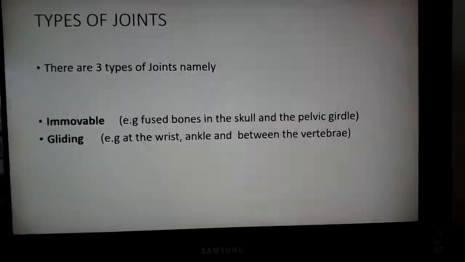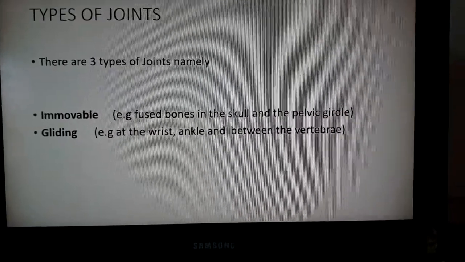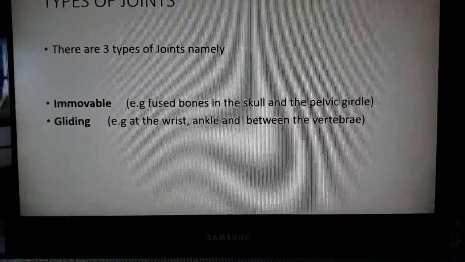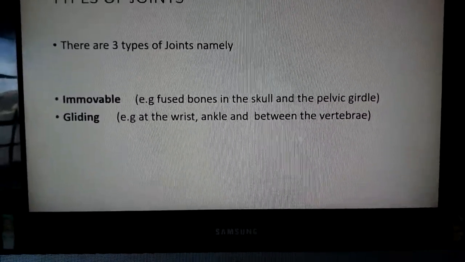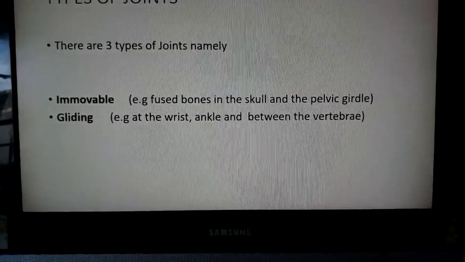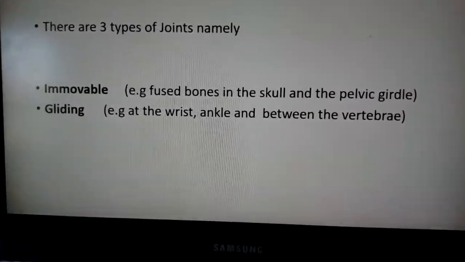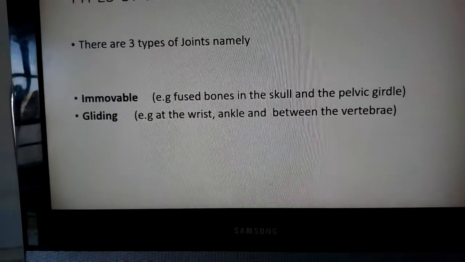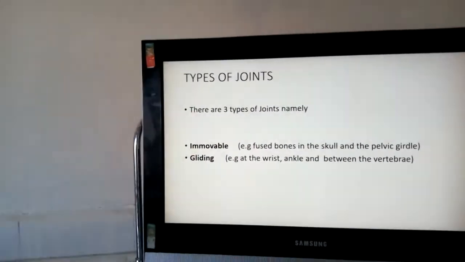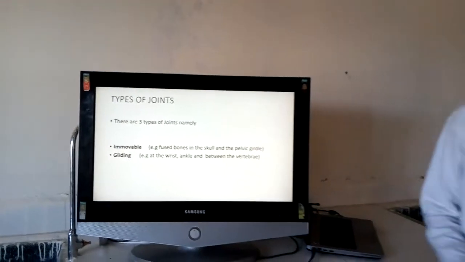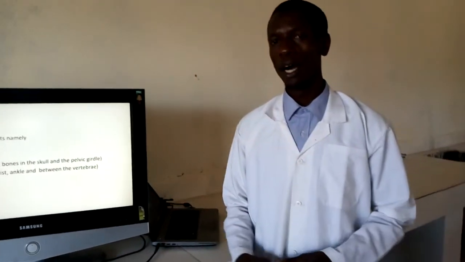We also have another category of joints which is referred to as the gliding joints. These gliding joints permit movement to some degree, such as the movements found within the wrist region.